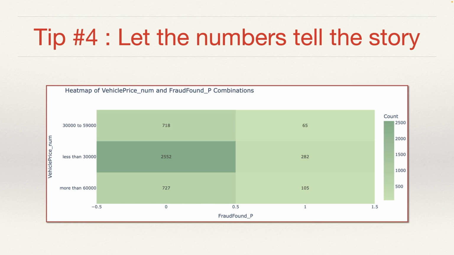Now, the fourth tip is to let the numbers tell the story. So when coming up with all these storylines in a hypothesis, you can borrow some insights from domain experts or borrow insights from articles, but it's always important to make decisions that are statistically significant.